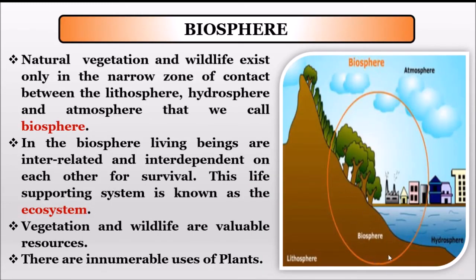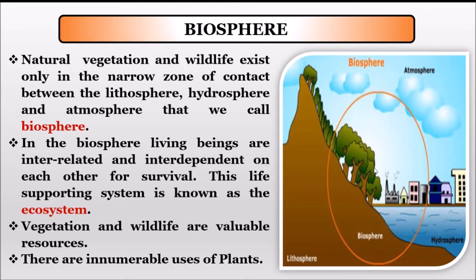This is the biosphere, which includes the atmosphere, lithosphere and hydrosphere. So, the area which includes all three is called the biosphere, and in this zone, all living beings are interdependent.